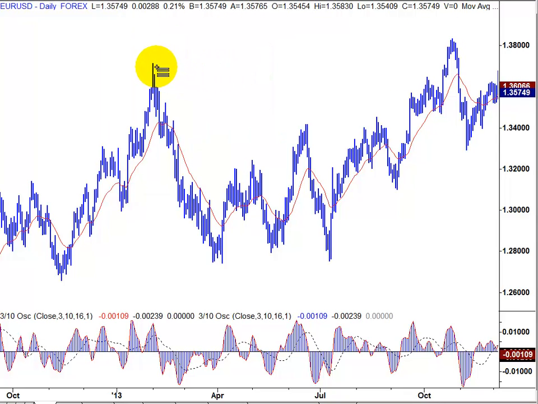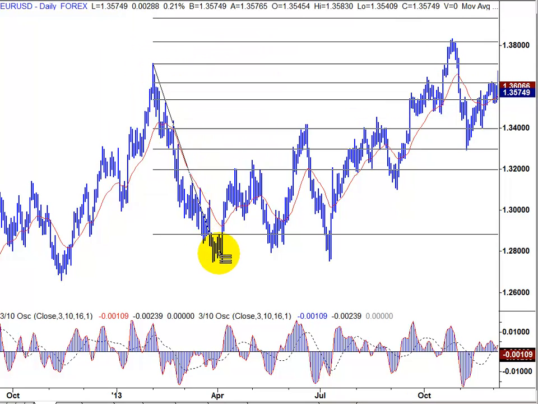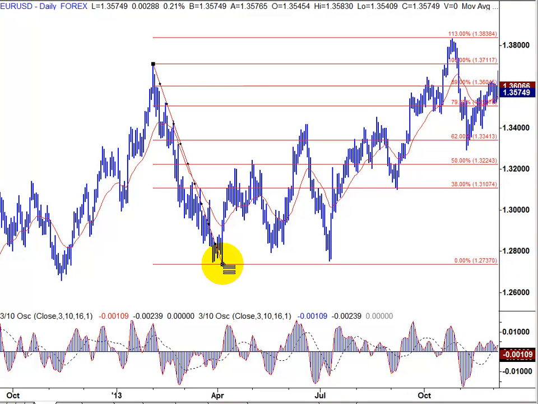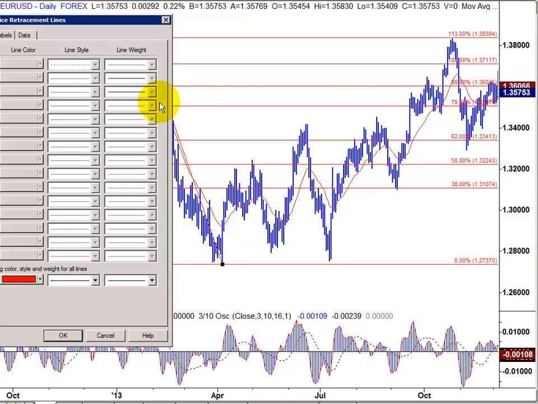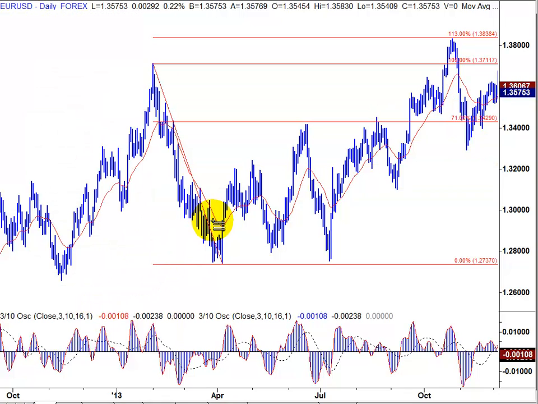So let's start with the initial. You always want to take the A, X to A, all right? And you'll see sometimes it'll pass that, and if it does, you could put in a 707 retracement, what we call 7-1.